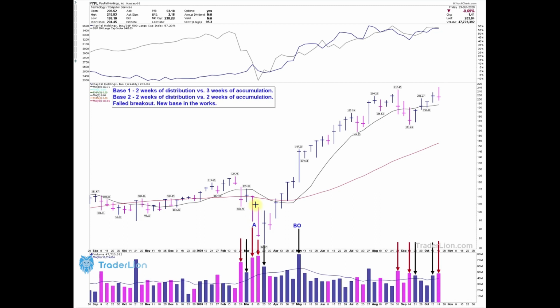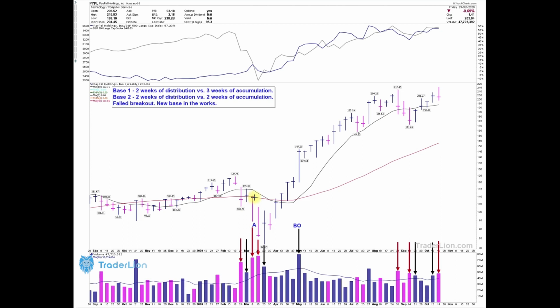Because we shake out down below the stock's major moving averages, and since we've got a weekly chart here, what we're looking at is a 10-week average, which is the equivalent of the stock's 50-day, and this red line is the 40-week, which is the equivalent of a stock's 200-day moving average. In any event, we shake out all the way down to the lows, but finish almost all the way back at the stock's highs.